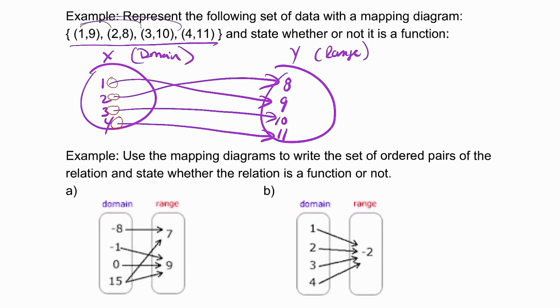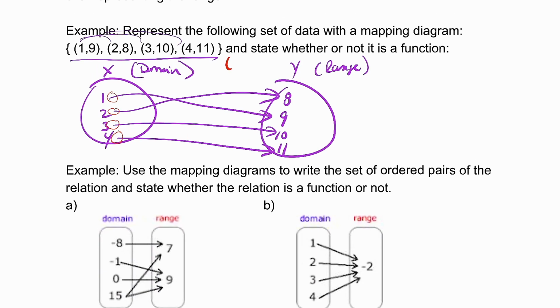Let's say that I had another point in here, let's say 2 comma 12. We wouldn't write 2 again in our domain. That's the thing about sets: things only happen once, they're unique, there are no duplicates. We would add a 12 within my range, so let's put that in the circle.